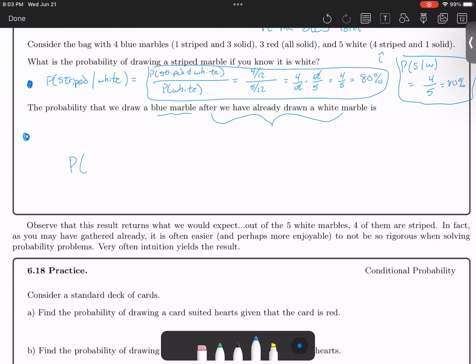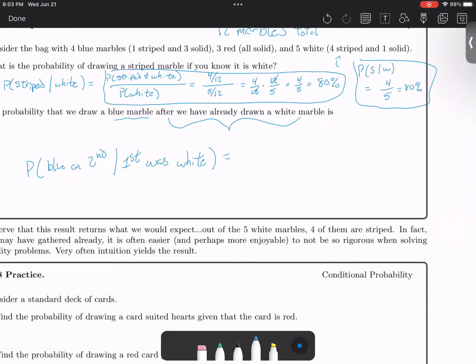So probability of blue on the second draw, given the fact that the first was white. Okay, so if we view this as a conditional probability and we're pulling twice, then the intersection would be that we got blue on the second draw and white on the first.